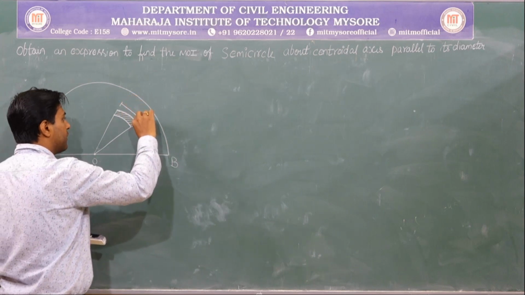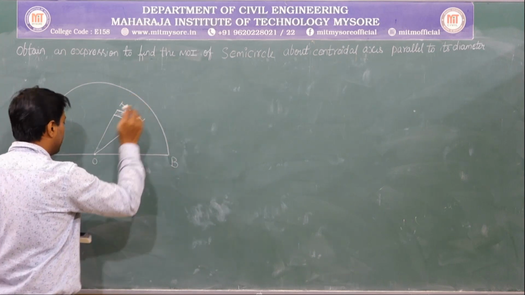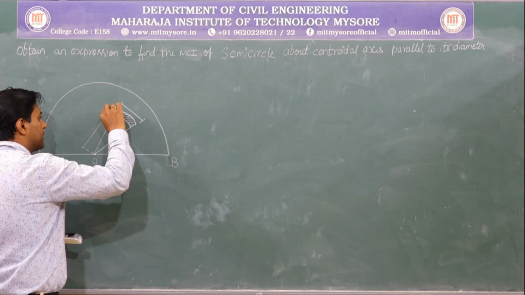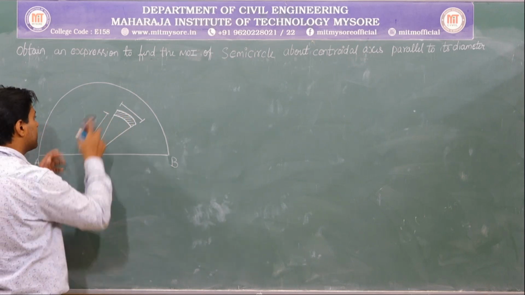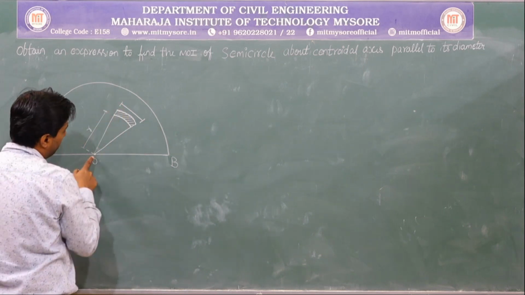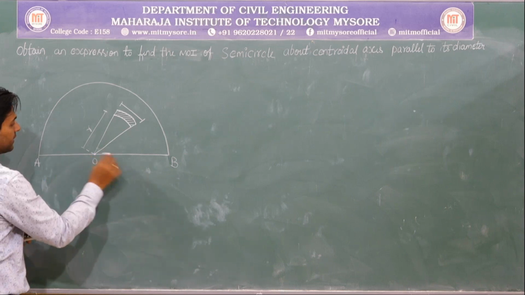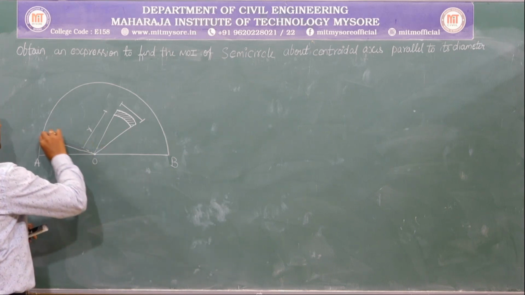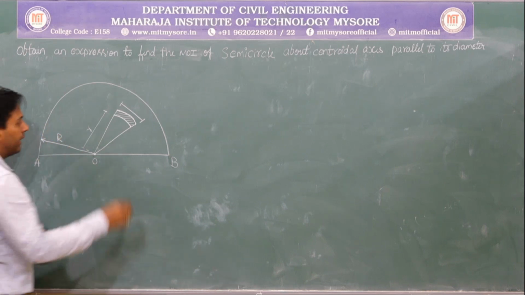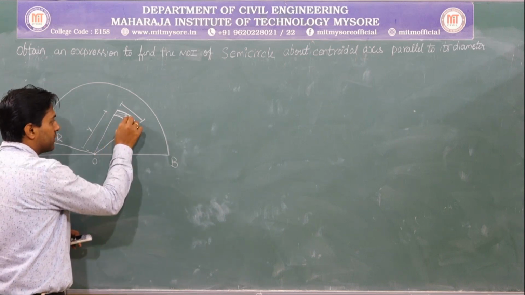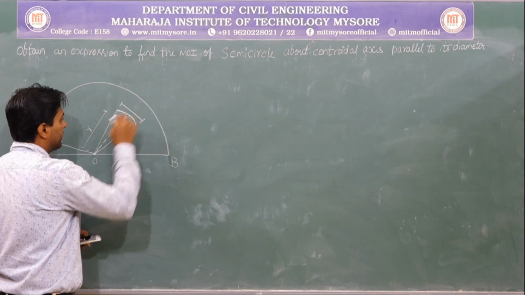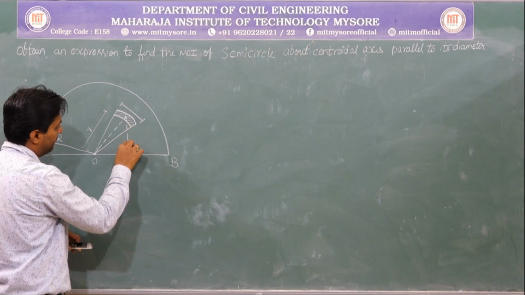While doing the derivation of the centroid, you people know that this will become r into d theta. Before that, we will assume that this particular elemental strip is at a distance r from the center O. And let me consider that the radius of this particular semicircle is capital R. Now let me mark the centroid of this somewhere here, and let me draw a center line for this, and one more line like this.